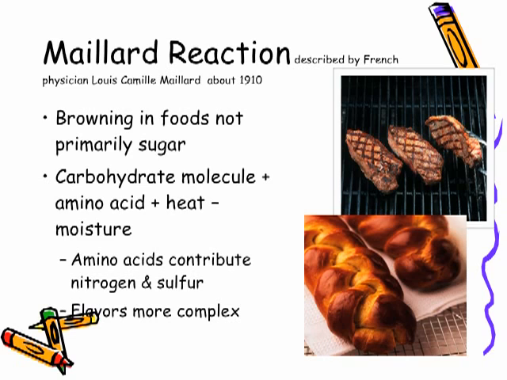So my symbols on the slide are carbohydrate plus amino acid plus heat minus moisture. Generally these foods are dry, or if it's a meat item, it's at least patted dry, so there's not excess moisture. The amino acids contribute to the interesting flavor, and these present more complex flavors than what we see in something that's just carbohydrate.